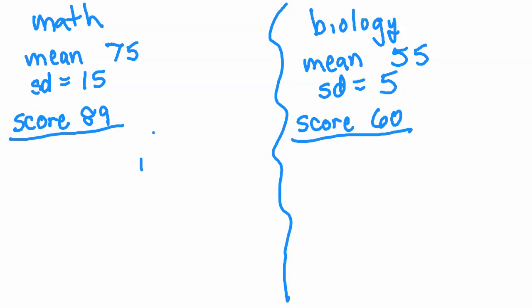So what we want to do is see which one you did better on compared to the rest of the class. This would be compared to the rest of the class, because the mean is from the whole class and the standard deviation is from the whole class. So we're going to find the z-score.